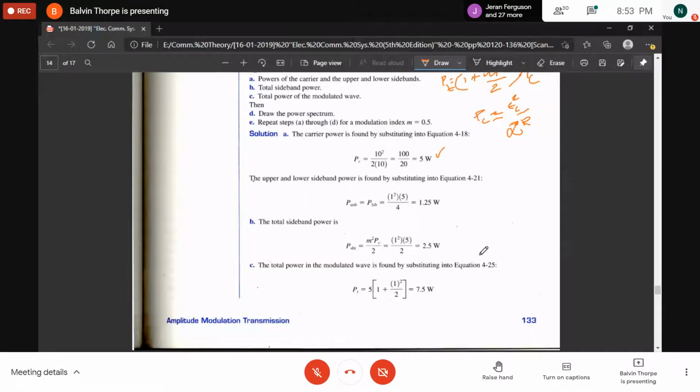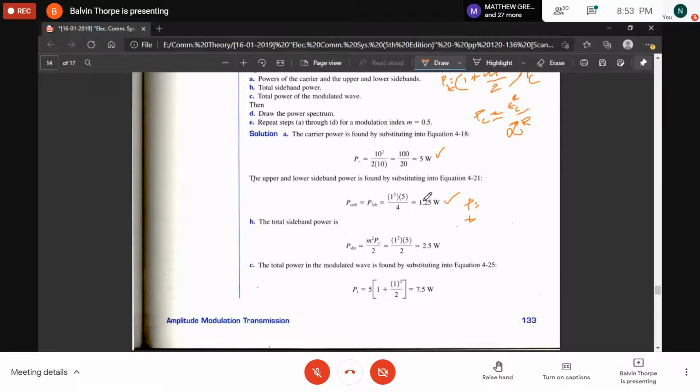And if we know the power in the upper sideband and the lower sideband, then we could write the expression as, again, the total power is going to be PC plus P lower sideband plus P upper sideband. If you know PC as 5, the power in each of the sidebands is 1.25.